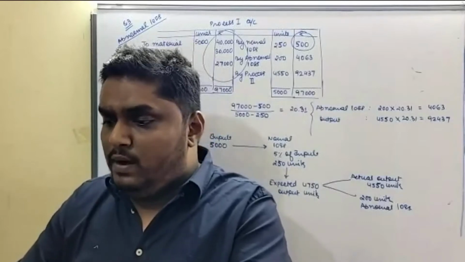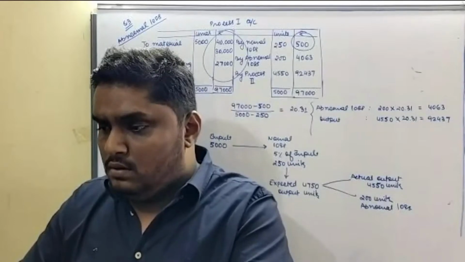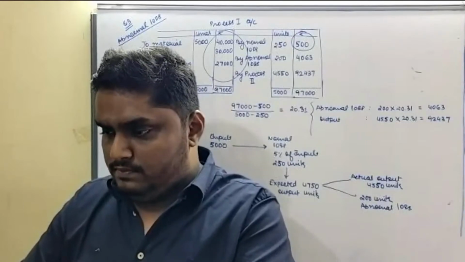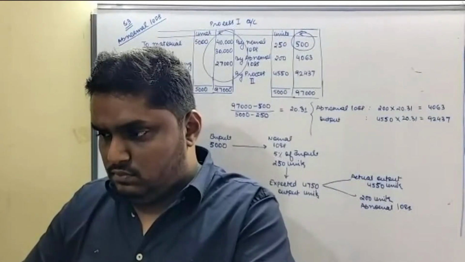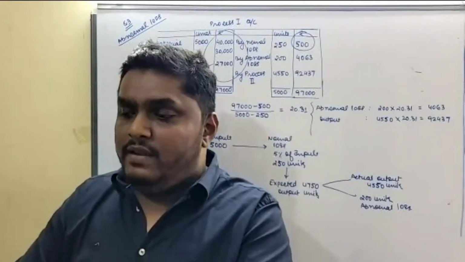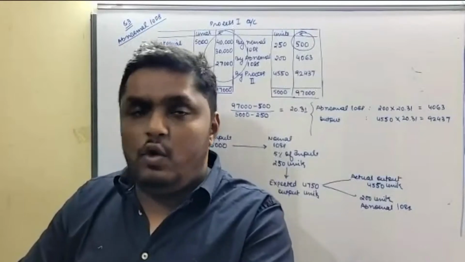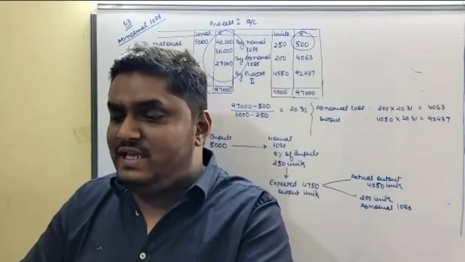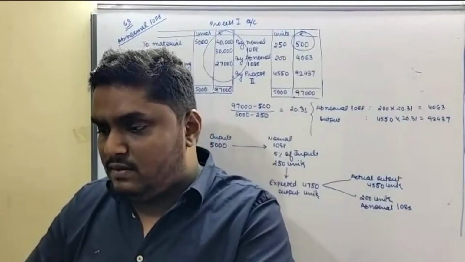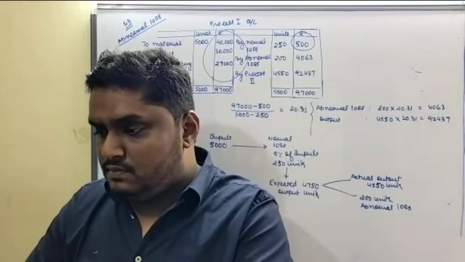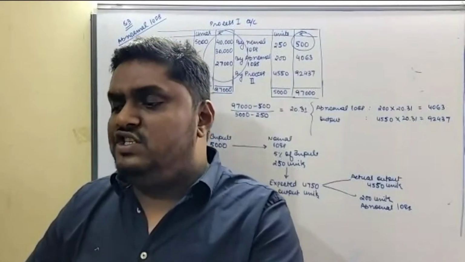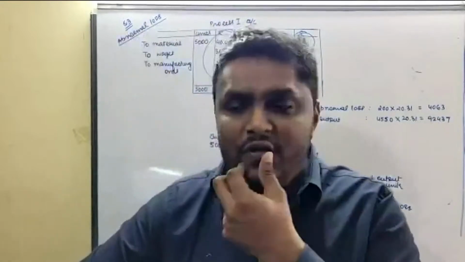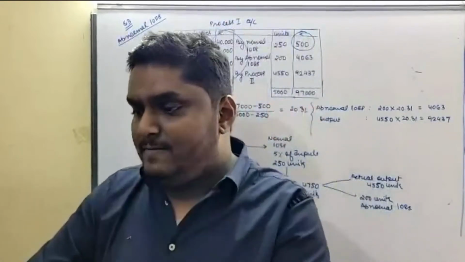How to treat abnormal loss? Dhyanesh, I'll be covering that cost plus profit part also. I'll be discussing one question for the same. Hare Krishna Tiwari, I have just skipped the rounding of figures. That's why there is a difference.